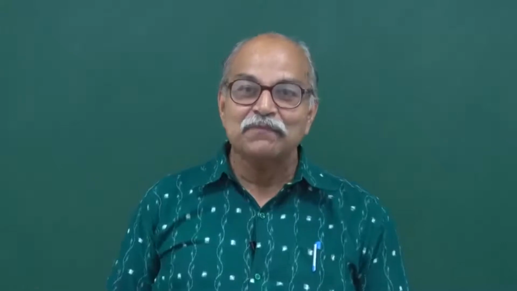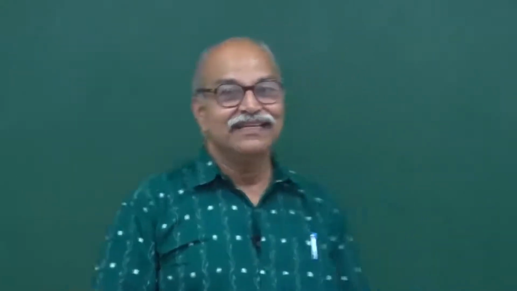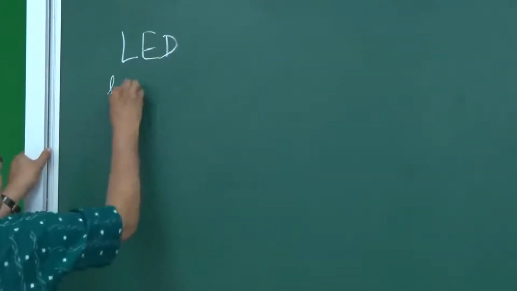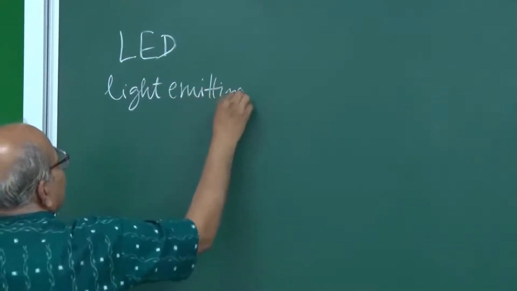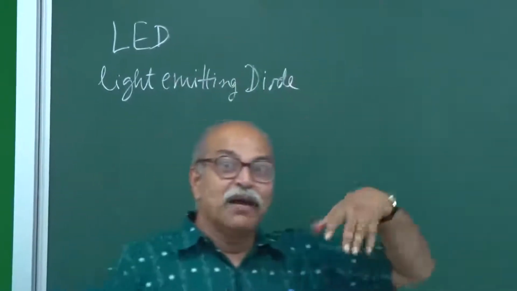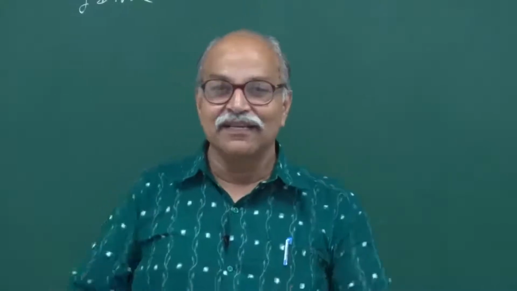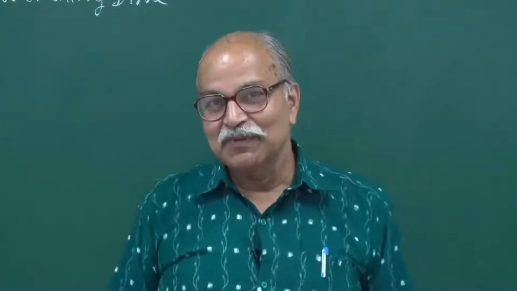PN junction that I am now describing is very popular nowadays all over the world, and that is the light emitting diode, LED, right. So, you have all varieties of LED bulbs and LED torch and emergency light and everything in LED, and government is also popularizing this.